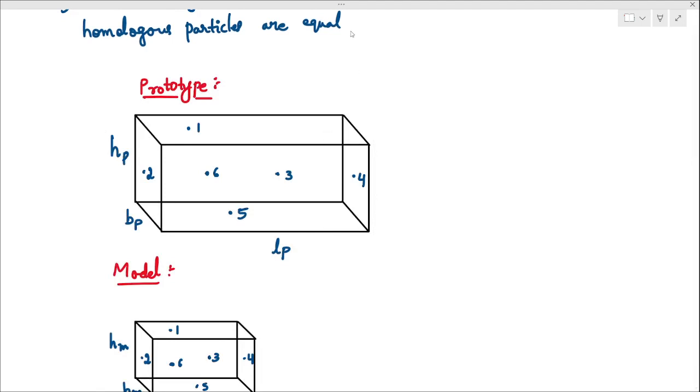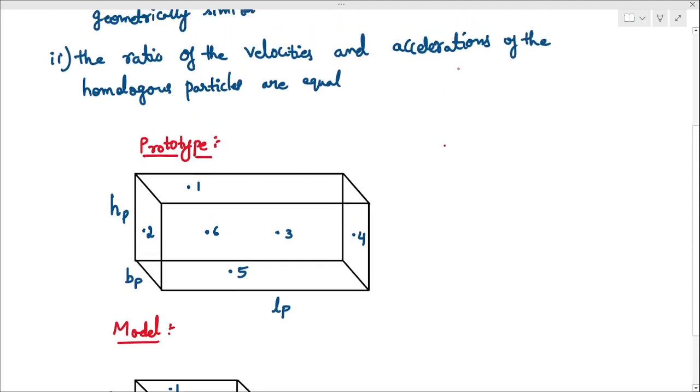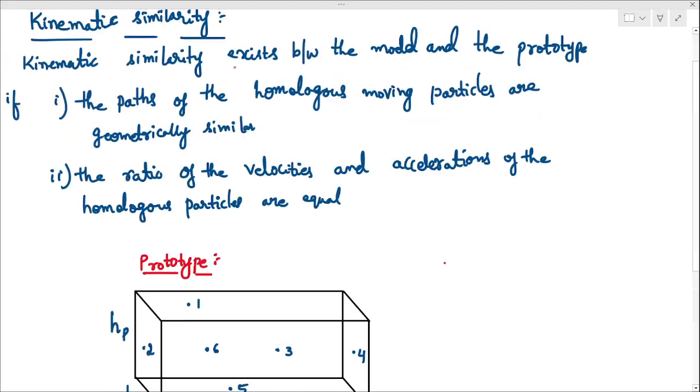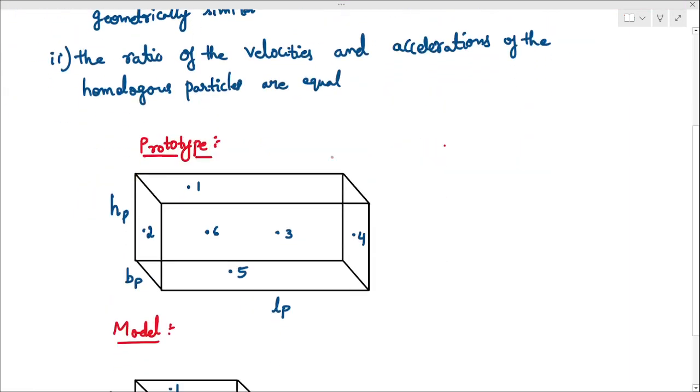Let me go over the last sentence again, the one about velocities. Okay, I got it. So see the first point: the paths of the homologous moving particles are geometrically similar. It means, suppose I take a point 1 here. The particle that is passing through point 1 has a path like this.